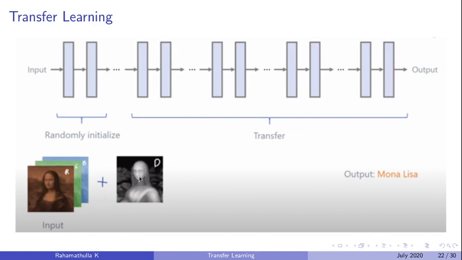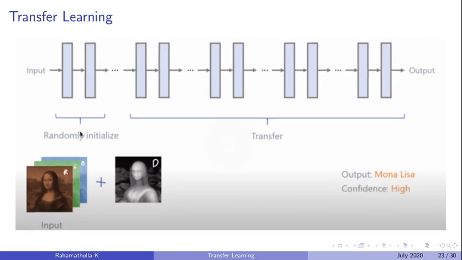So you transfer your knowledge as it is in the topmost layers. Then in the lower layer you create a new depth entity, and you randomly initialize it. This is also another way of transfer learning.